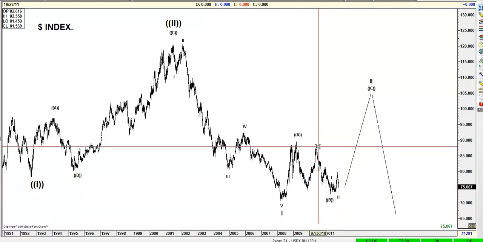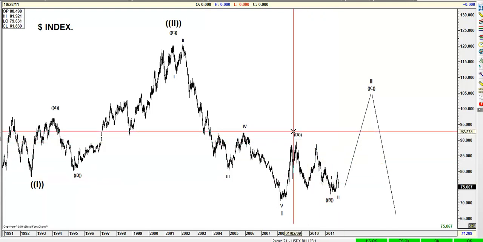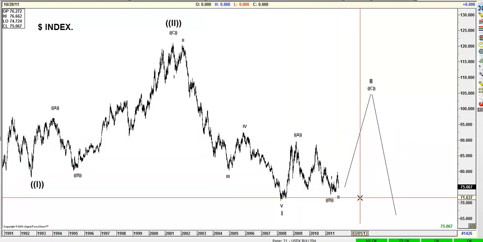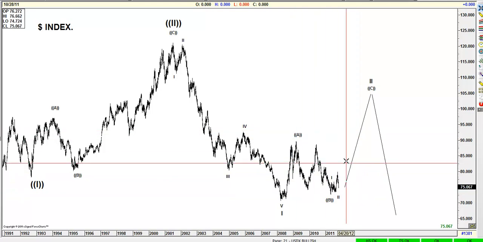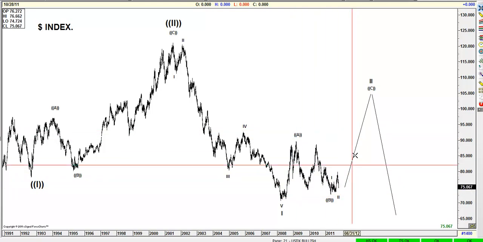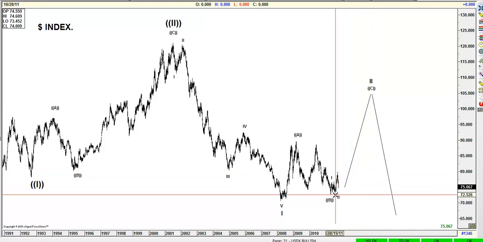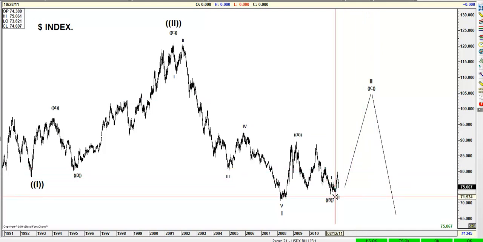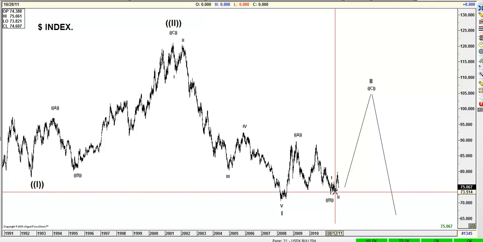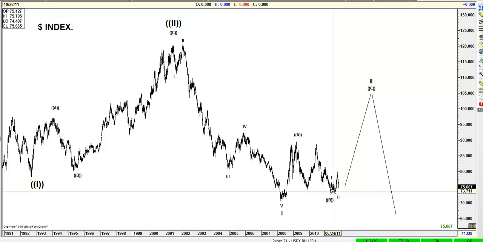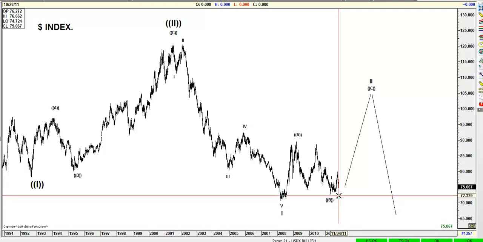That's telling me that the index most likely is still in the downtrend move, not in the uptrend move. But it's still valid as long as the 72.40 area is in place. That's the first scenario and the most bullish within the index.